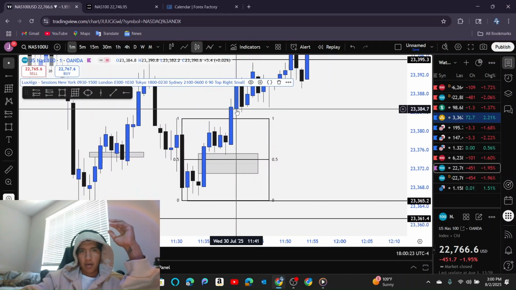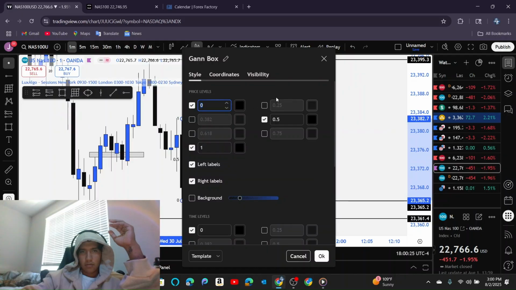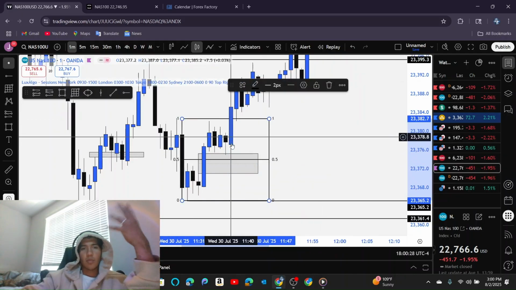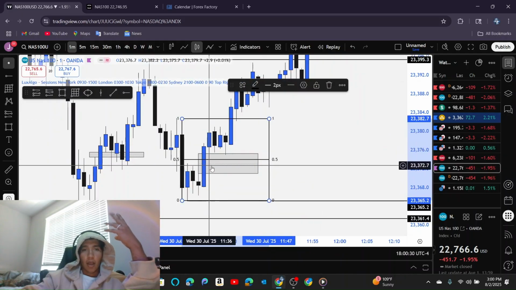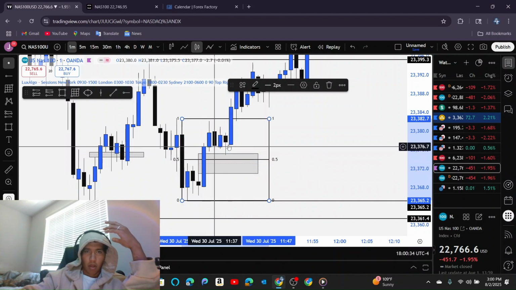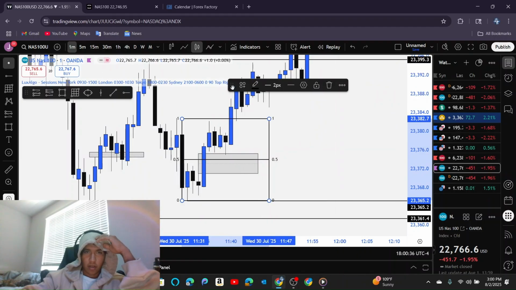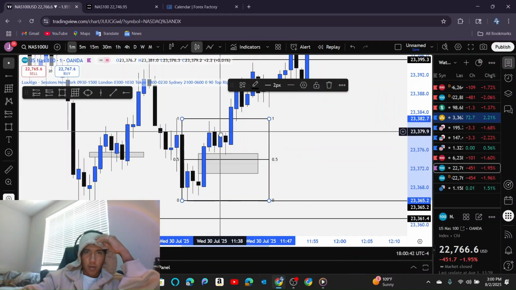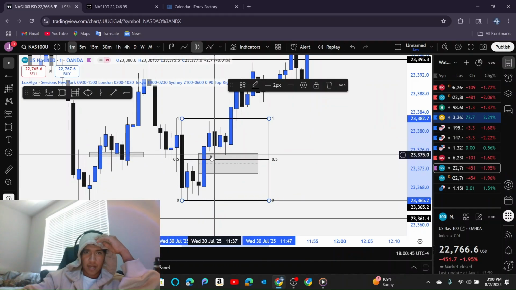We close above, well, this would be flipped. Close above equilibrium. On top of that, we create this fair value gap. On top of that, boom, we have another close to the upside. So we already know we did get that fair value gap created. Boom, we had a close to the downside, came in and tapped.